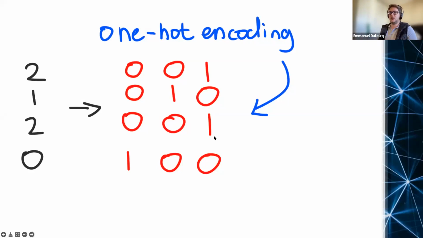So this process of converting discrete targets into these vectors is known as one-hot encoding. And this step is an important step to allow us to build an error function that will help to evaluate how good or how far we are. But it will make sense when we get there. This is the first step in the process.